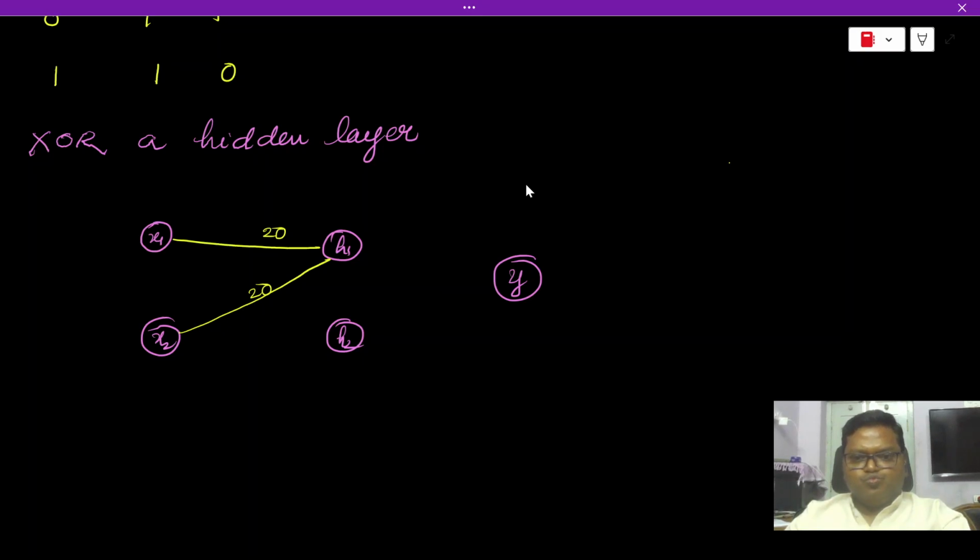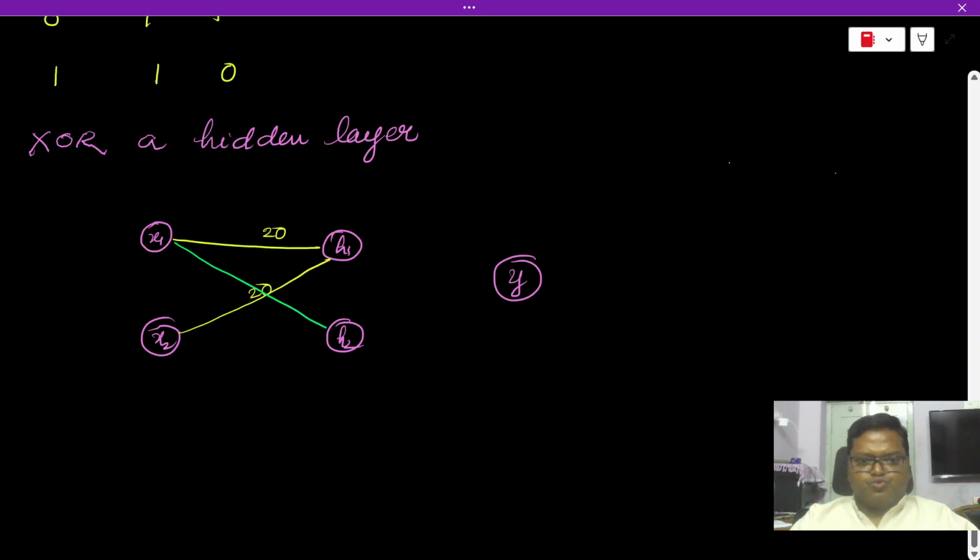Let us assume this weight x1 to h2 is minus 20 and this is minus 20.